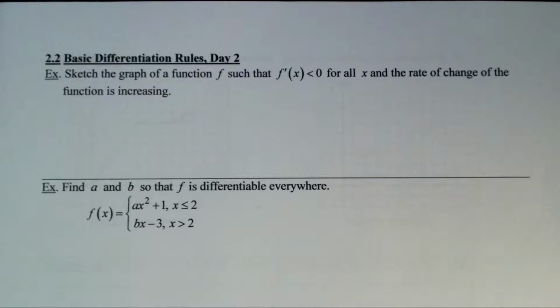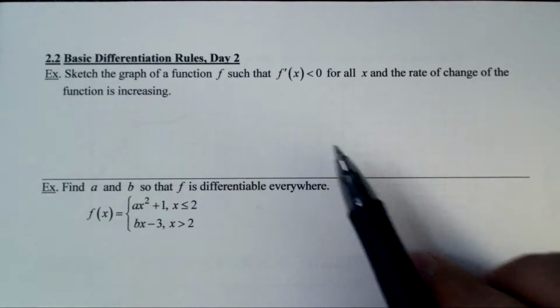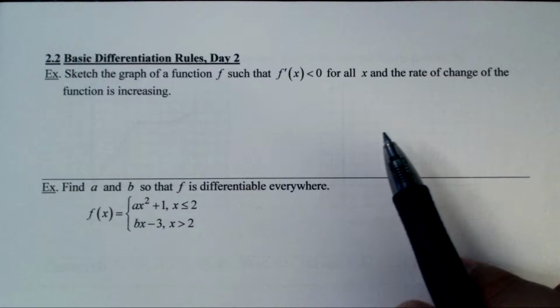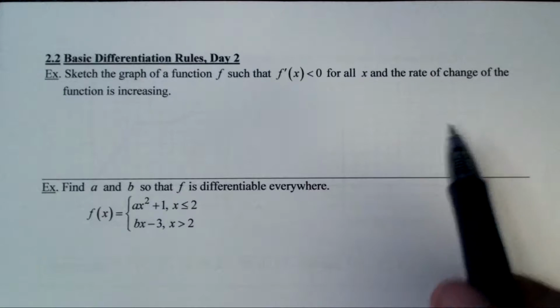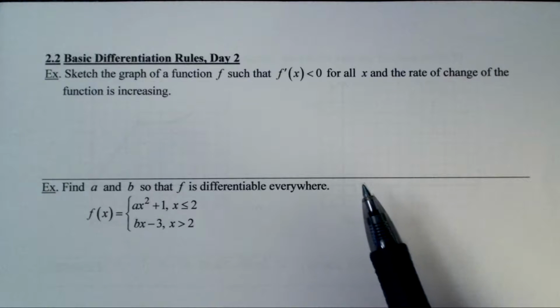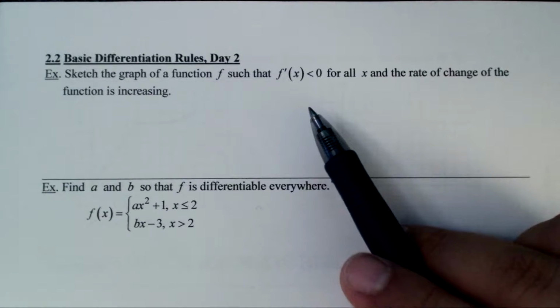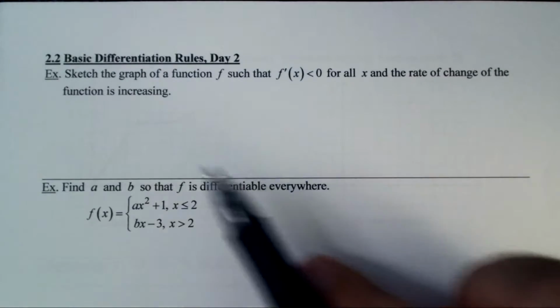That's what f prime less than 0 means. But the rate of change of the function is increasing. So that means that we have a negative slope, but that slope is increasing.